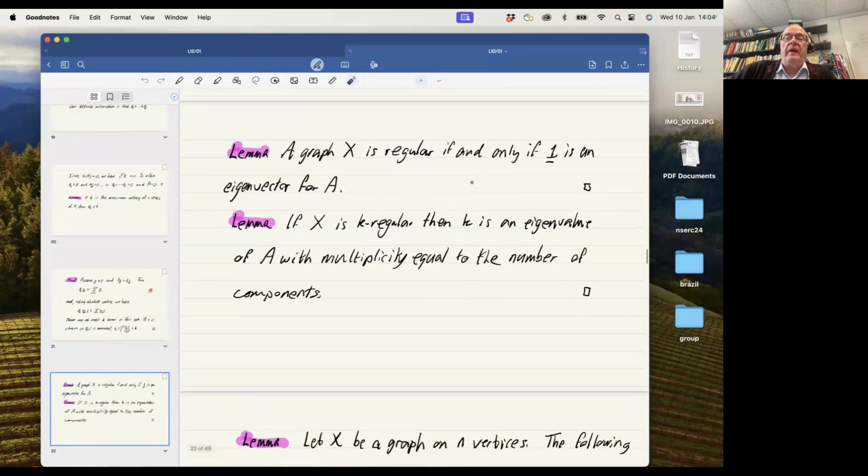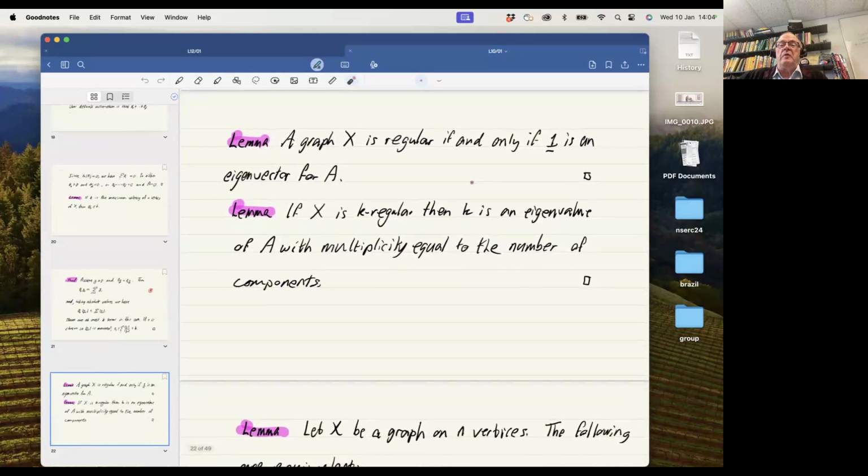A couple of other things we can do: if the graph is regular, then the all-1 vector is an eigenvector, because when you apply A to it, if the graph is k-regular, then A times the all-1 vector is just the vector with all entries equal to k. It's only slightly more difficult to see that the converse is true: if the all-1 vector is an eigenvector for the graph, then the graph is regular.